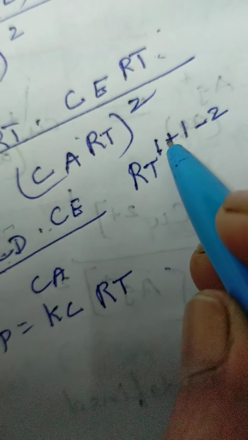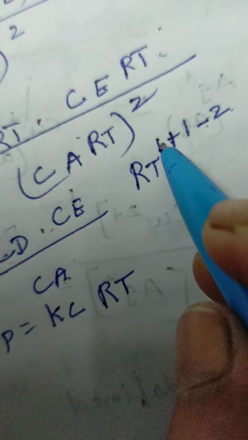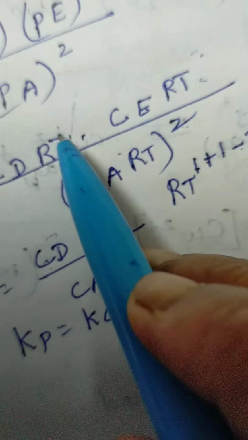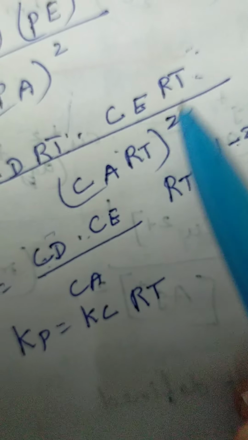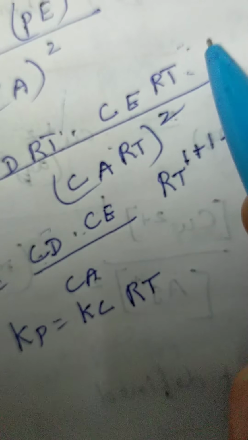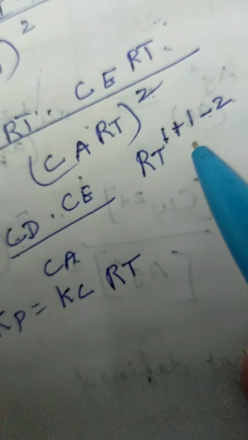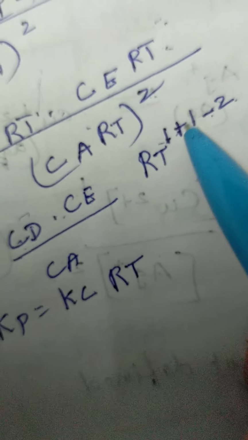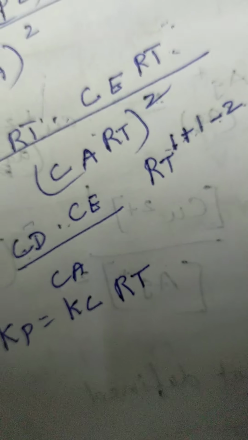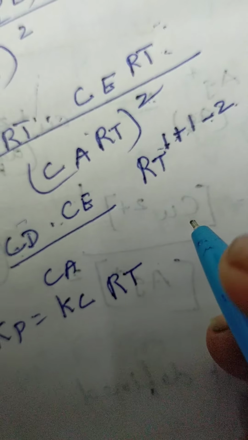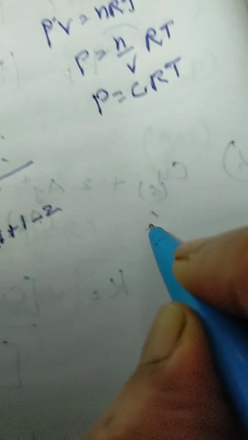What is 1 plus 1 minus 2? It is the number of moles of products minus the number of moles of reactants. That we shall consider as delta n.